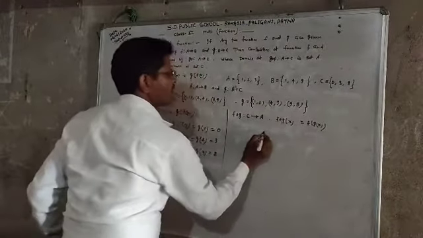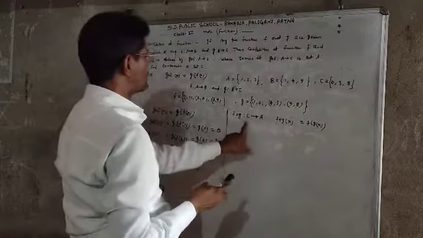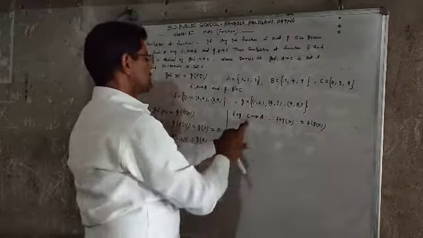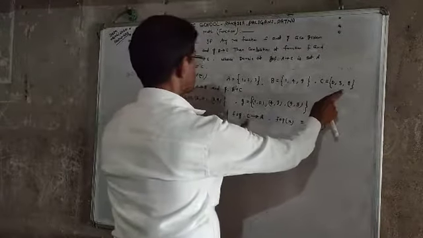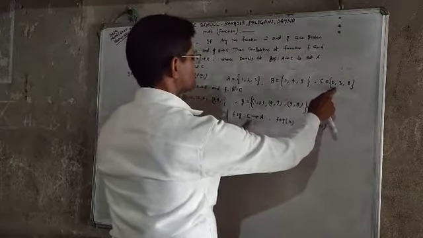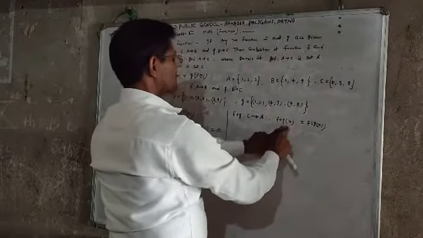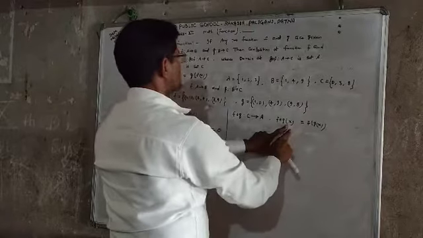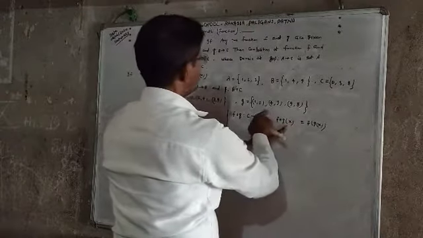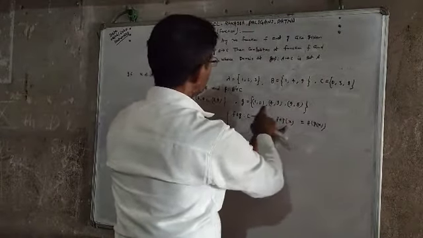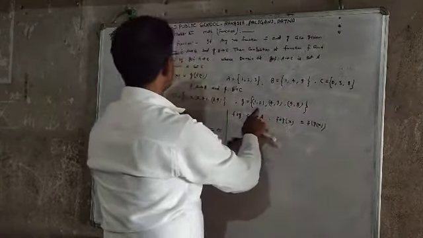Since the domain of fog is set C, every element of set C can be put at the place of x. But we find that 0 is not related with any element.